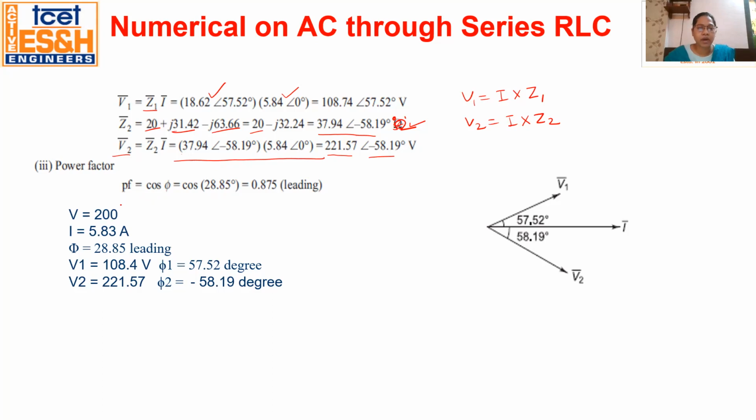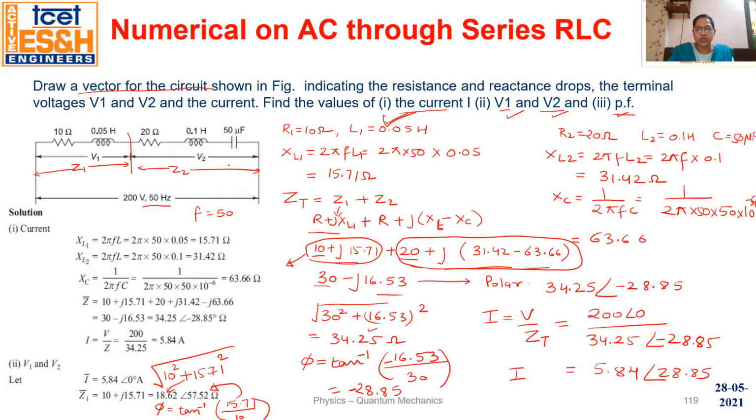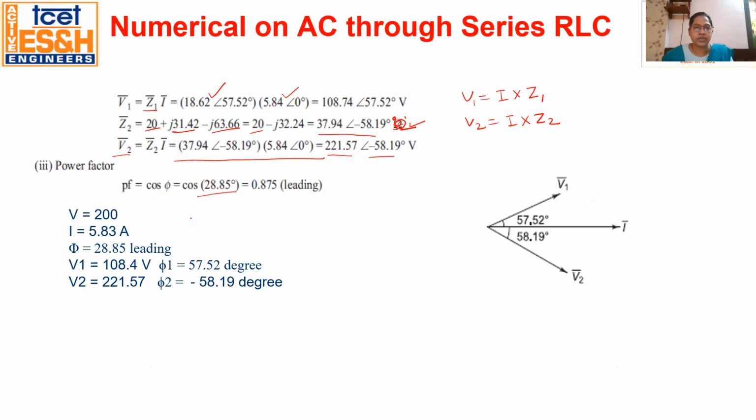Now this is the total power factor, cos phi, where phi is 28.85, and it gives a power factor of 0.875 leading.